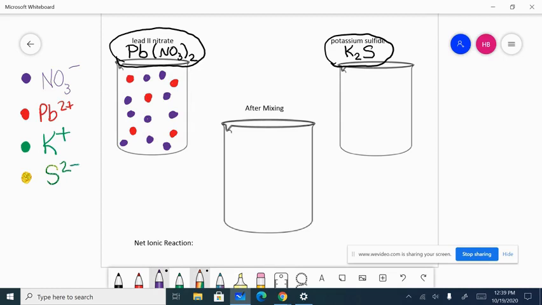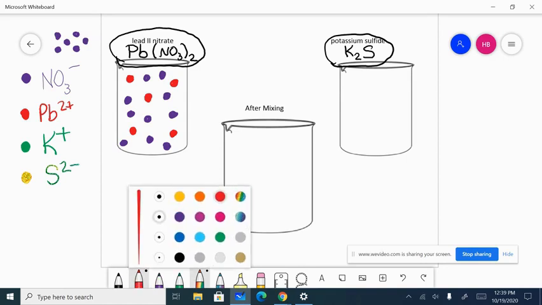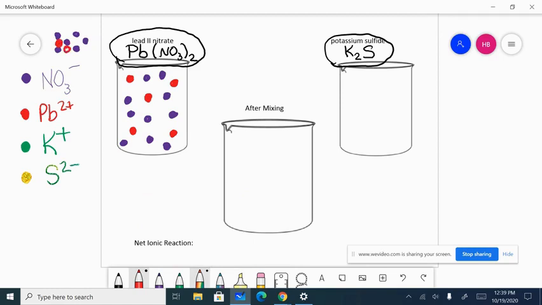So when they're together, they're locked in when they're in a solid. So ionic compounds actually have very high melting points and very high boiling points. They are locked into rigid crystal lattices, and they are called formula units.